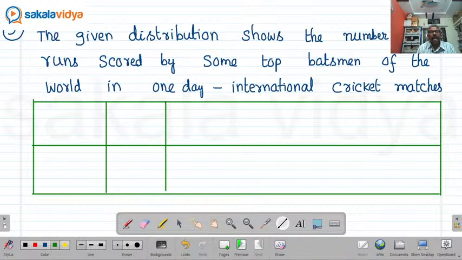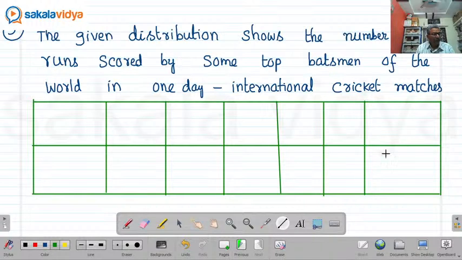3000 to 4000, 4000 to 5000, 5000 to 6000, 6000 to 7000, 7000 to 8000, 8000 to 9000, and next.